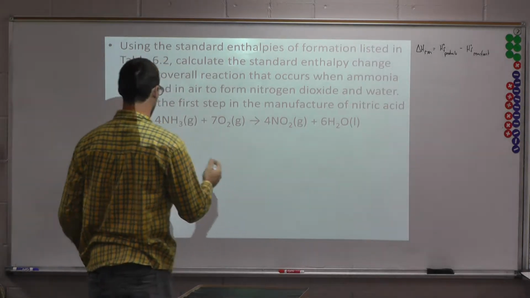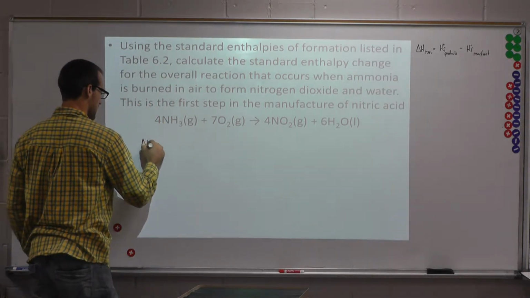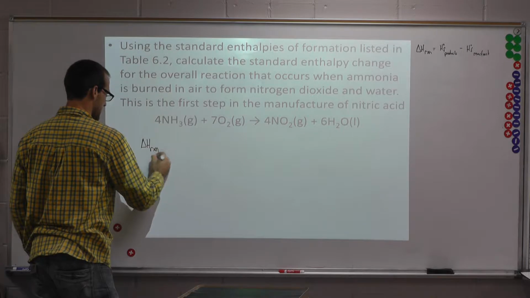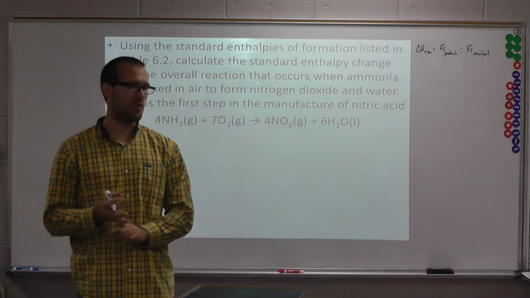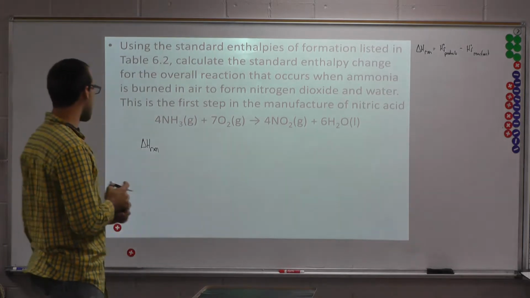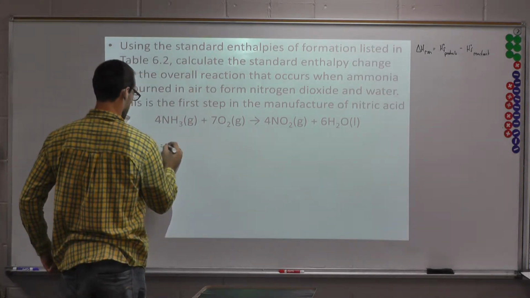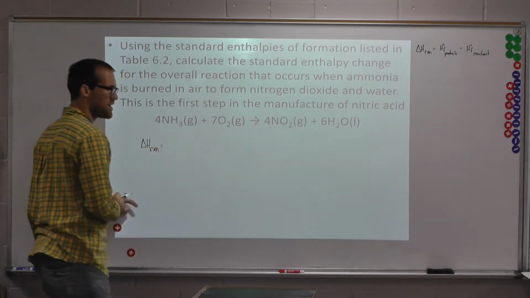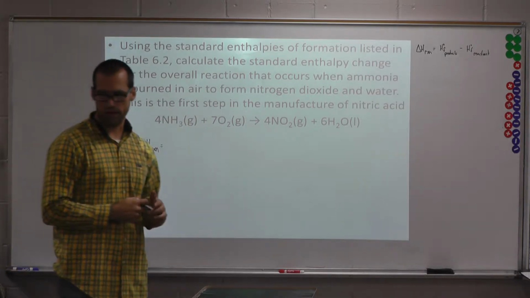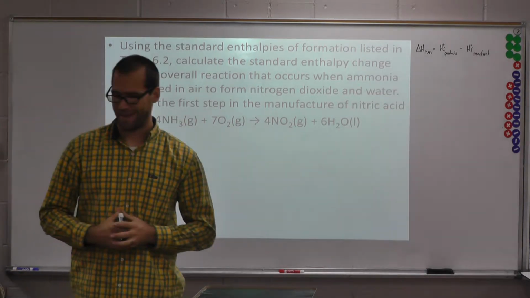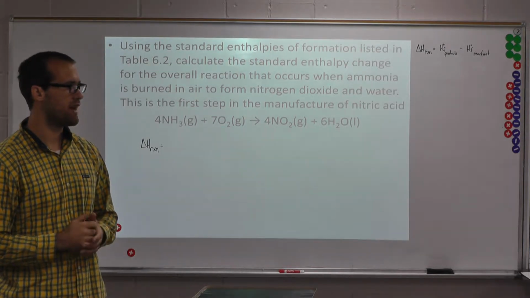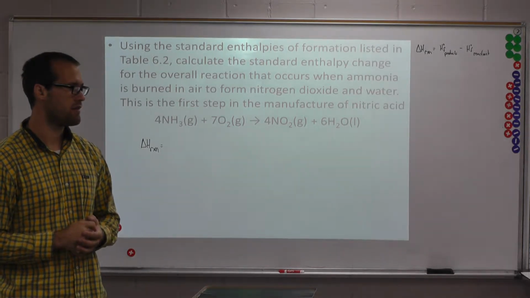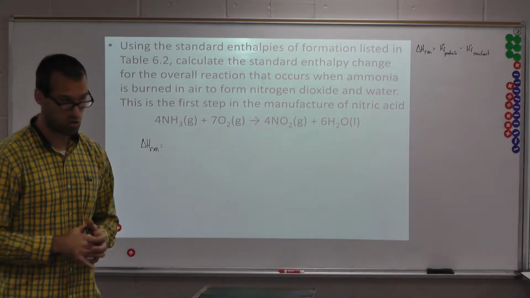So we want to find the enthalpy of reaction, and we can use Hess's law and the formation enthalpy values to figure this out. So here's how this works. If you look in your appendix, what are the units for your formation numbers there? H of F. Kilojoules per mole.